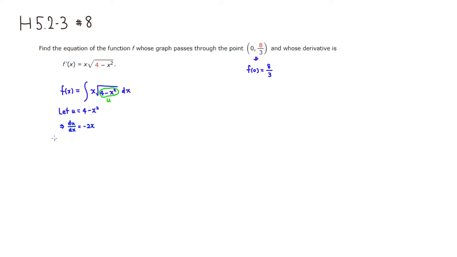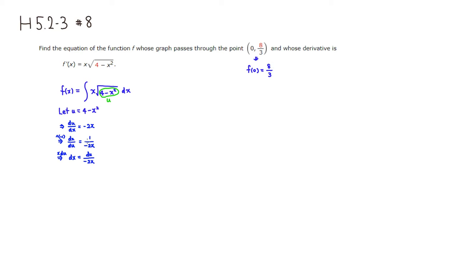Since we're trying to find the dx, I'm going to take the reciprocal of both sides. So you have dx over du, which is equal to 1 over negative 2x. Then we can just multiply through by du, so that dx is equal to du over negative 2x.